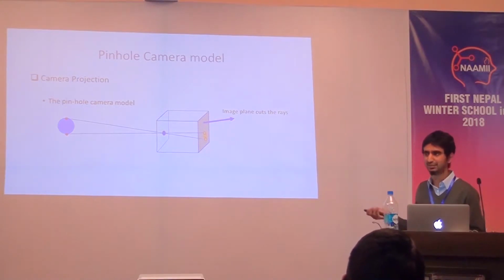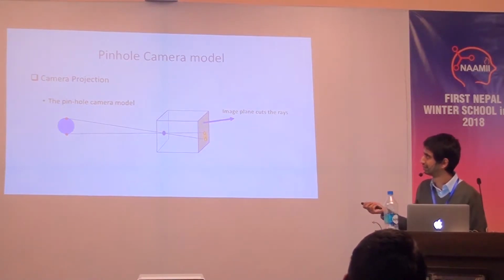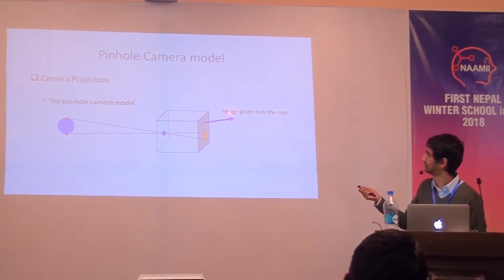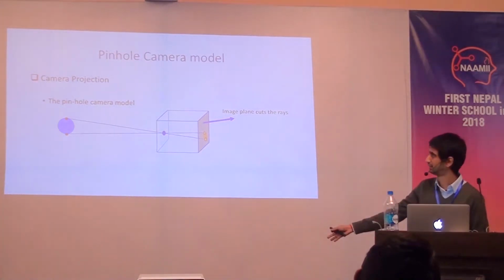There used to be, like in my school, a science fair, and they created this kind of camera. So here the image will be inverted on this plane, and the image plane creates the image by cutting the rays, right? It slices the rays, and then it creates the image.